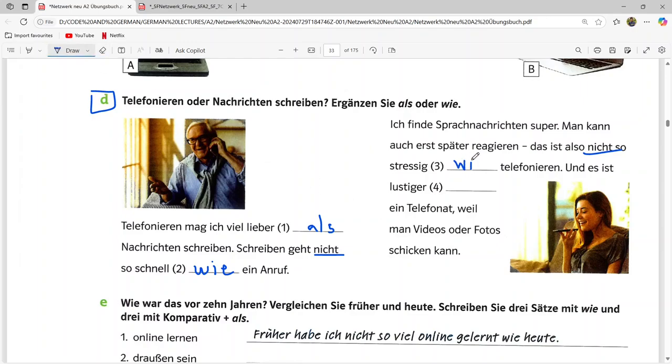Comparison is not equal, but since nicht is used, we use wie here. Und es ist lustiger als ein Telefonat, weil man Videos oder Fotos schicken kann. So it is funnier than the telephone because one can send videos or photos. Okay, so here the clear comparison is done, so we use als here. So in this way this one is also done.